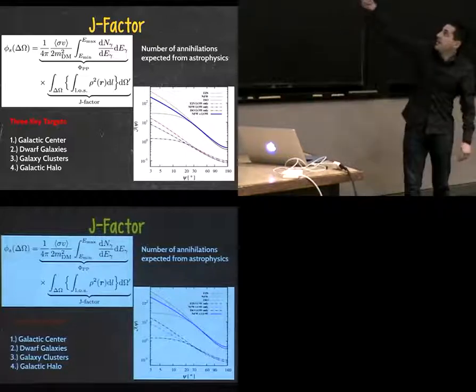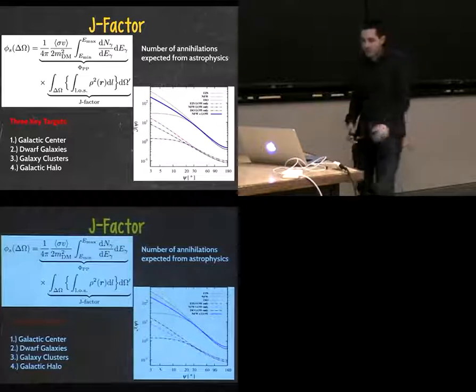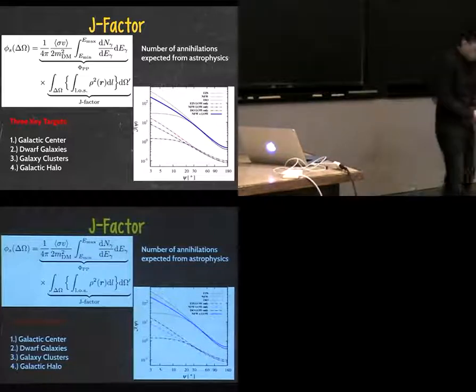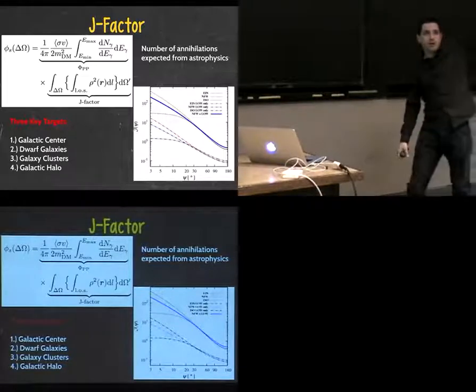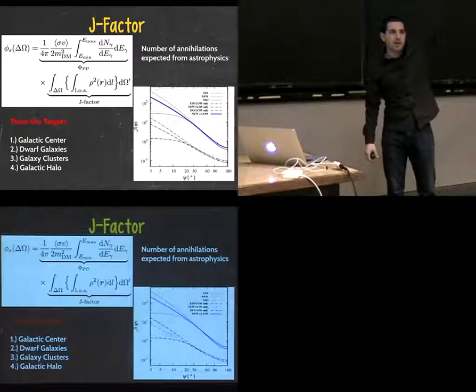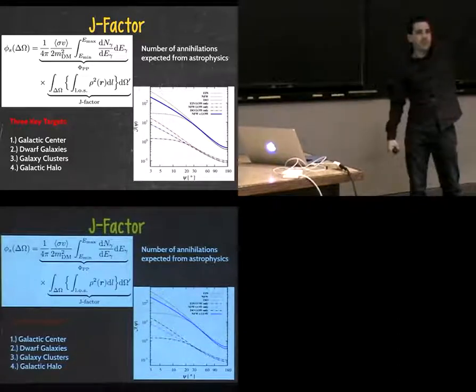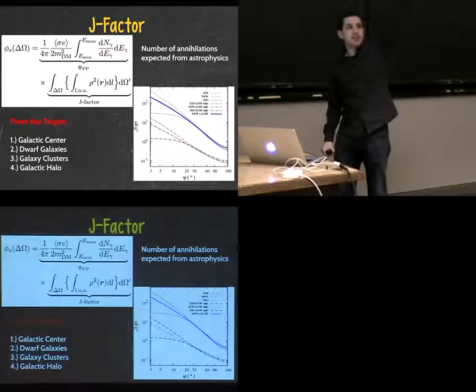Then I need to know where I am looking for dark matter on the sky. This is something we call the J factor: I point in any direction on the sky and ask how much dark matter annihilation I expect in that direction.